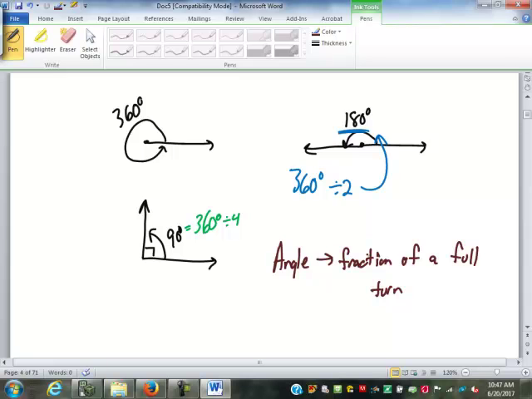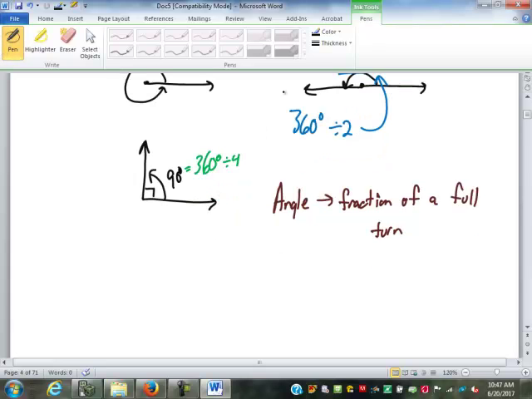So since a square corner is 1/4 of a full turn, it's 1/4 of 360 degrees, or 90 degrees. So we have some possible relationships between angles.